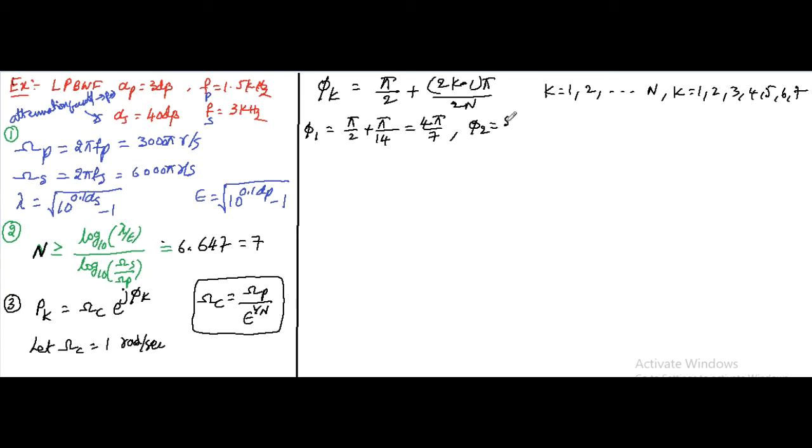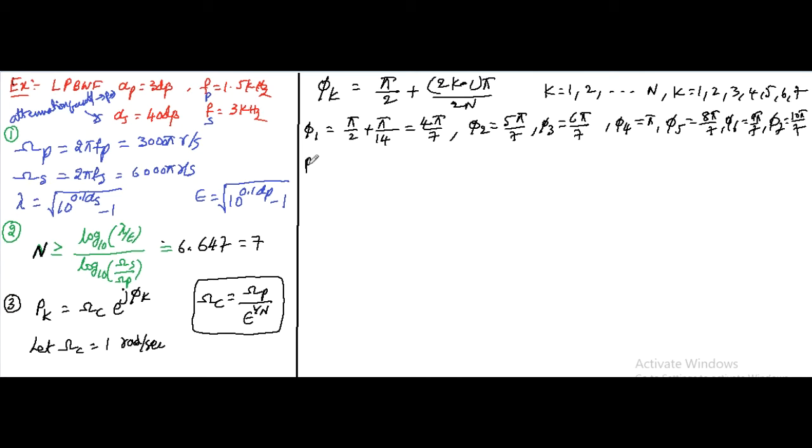Phi 2 is 5 pi by 7, just substitute k equal to 2, and phi 3 is 6 pi by 7, and phi 4 is pi. So totally 7 angles are there, phi 1 to phi 7. These 7 angles are substituted in this pole location equation.